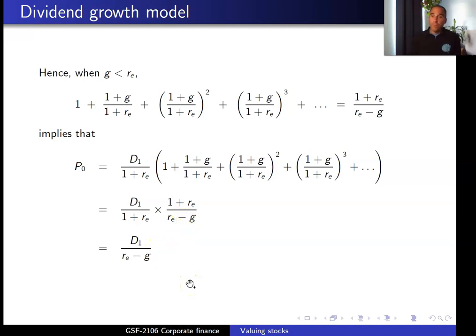This gives us the price at time 0 is D1 divided by RE minus G. So it's simply the present value of a growing annuity, for which the first payment will be D1.